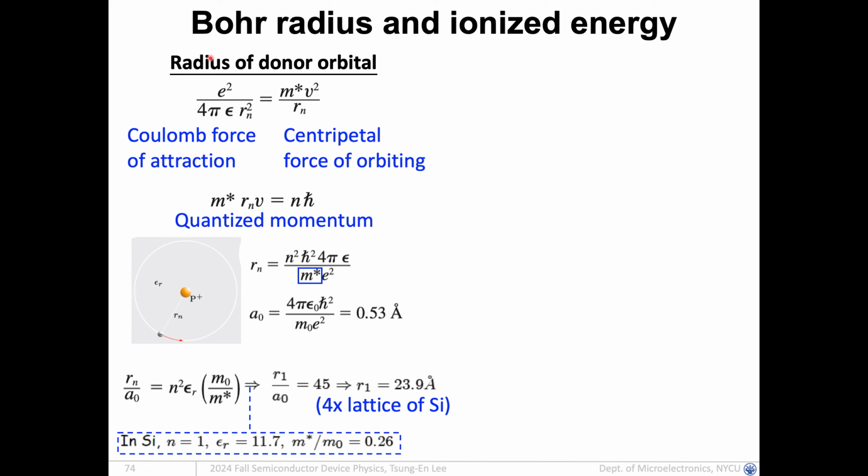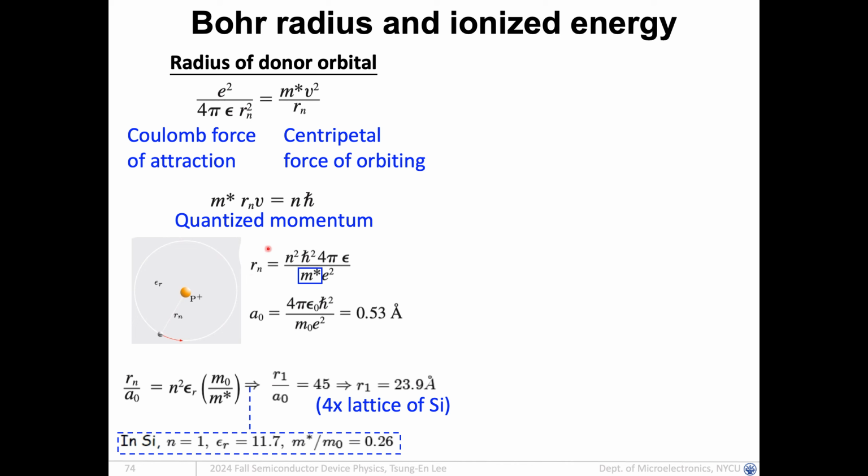We know the radius of the donor orbital has this Coulomb force of attraction, and the centripetal force of the orbiting equals the effective mass times the velocity squared over the radius, at each principal quantum number. And the quantized momentum can be expressed in this equation.